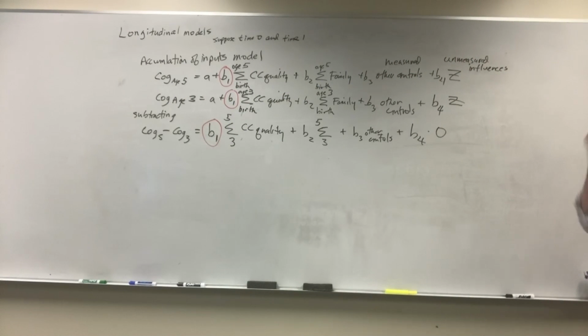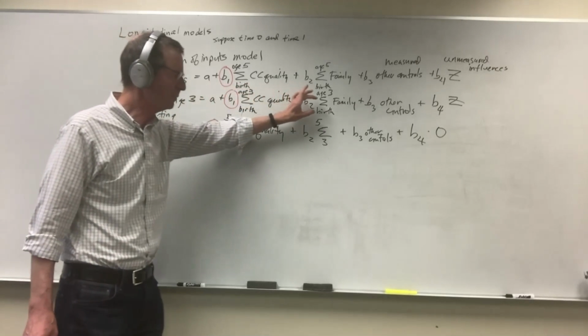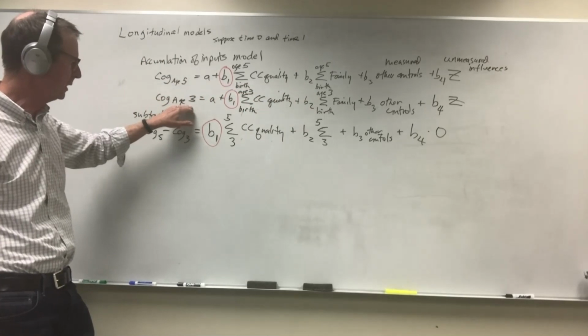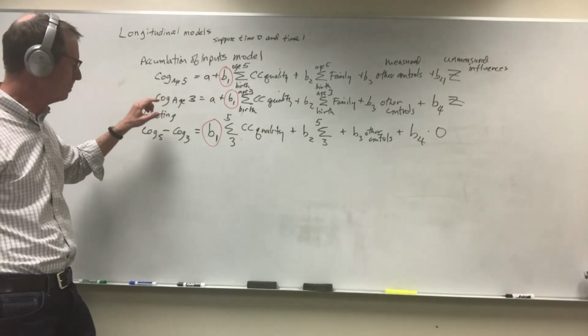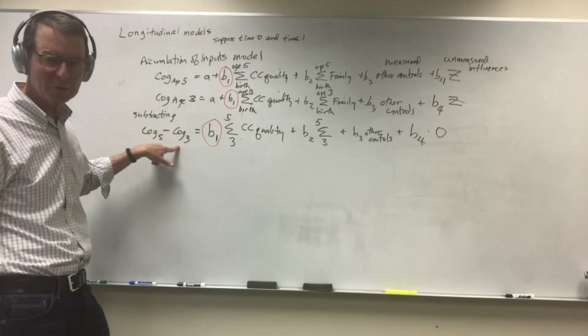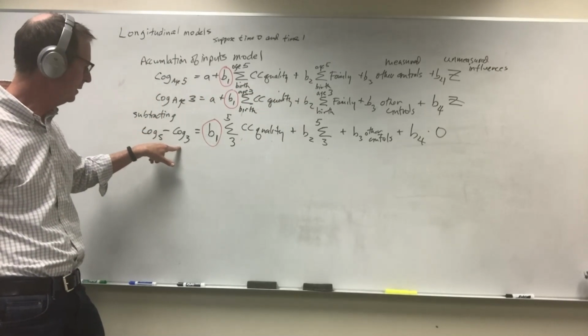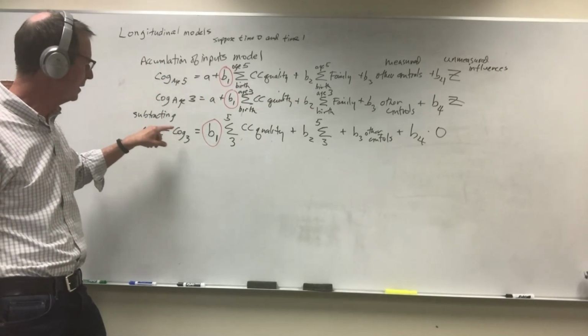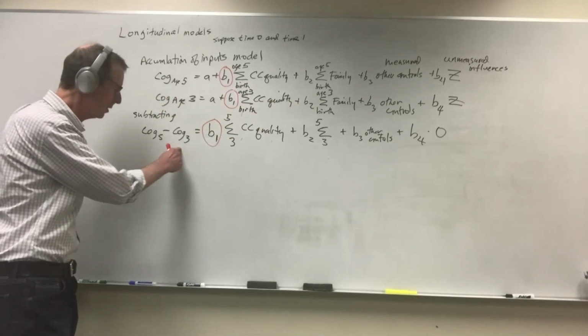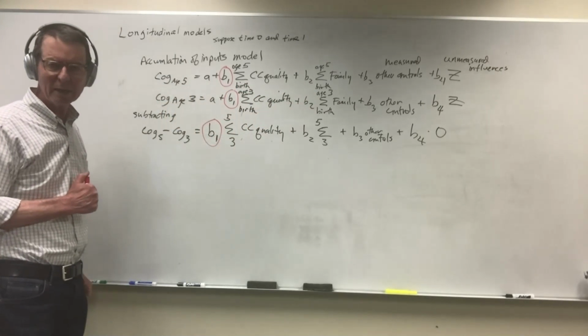So what's happening here, cognitive development is a function of a whole bunch of stuff that happened prior to age 3, cognitive development at age 3. Once you subtract out cognitive development at age 3, you're in effect subtracting out all of those prior influences because they're all absorbed by cognitive development at age 3.